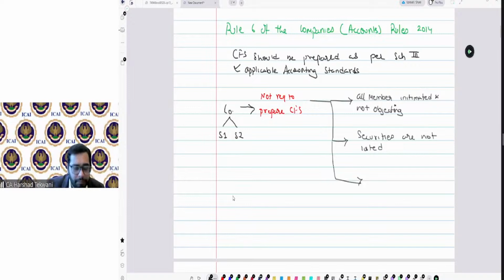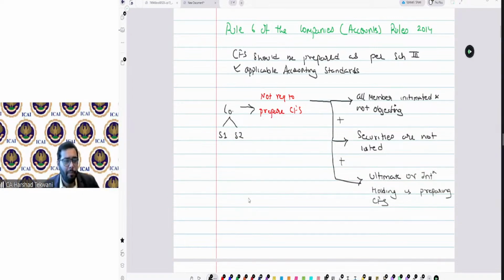Third, the ultimate and/or any intermediary holding company is preparing CFS. If you satisfy these three conditions, then a company having a subsidiary can still take an exemption from preparing CFS.